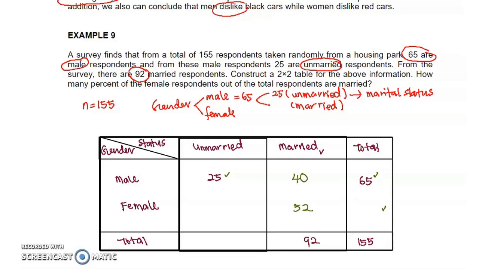Now we can find females who are unmarried. 90 minus 52 is 38. Now we can find the total of unmarried respondents. 38 plus 25 is 63. When you total up 63 plus 92, you should get 155, and 65 plus 90 also gives 155. This one we call the grand total.